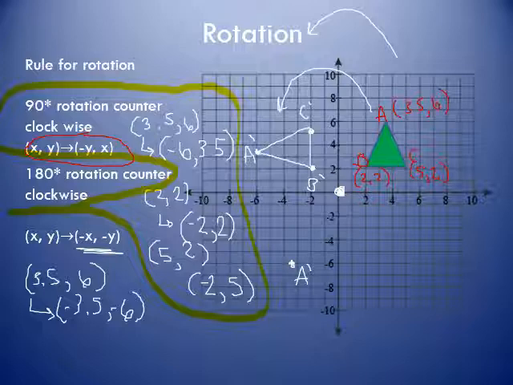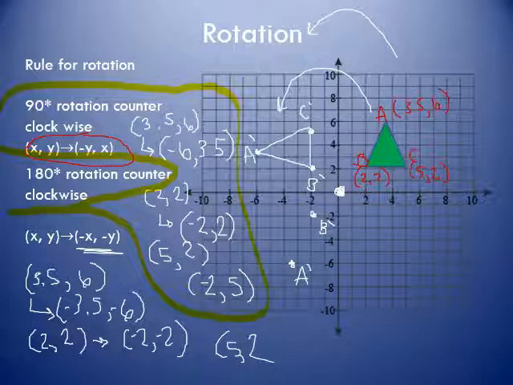And then our B, it was 2, 2. It's going to become -2, -2. So our B prime would be right there. And our C, it was 5, 2.